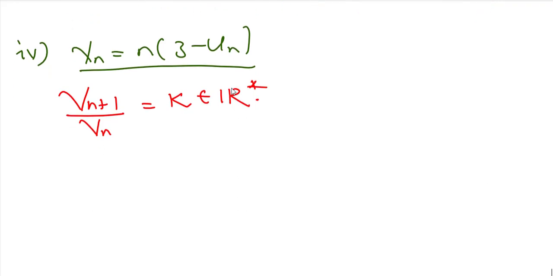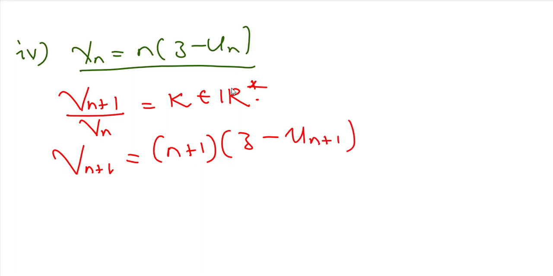So what do we have? This implies, now let's find Vn plus 1 divided by Vn. Now we already see that Vn is n into 3 minus un. So we have Vn plus 1 will be equal to n plus 1, all of this times 3 minus un plus 1. So let's get now the ratio, Vn plus 1 all over Vn.